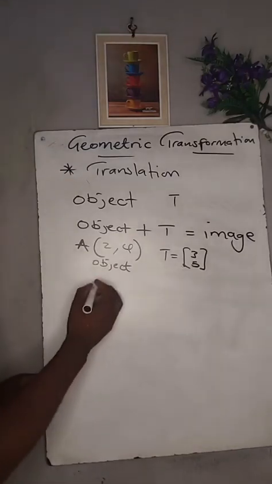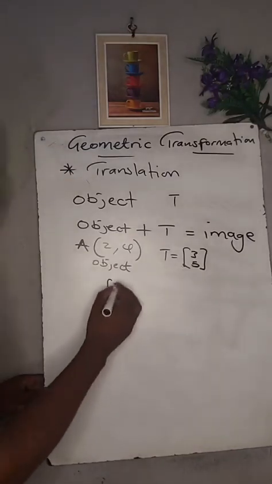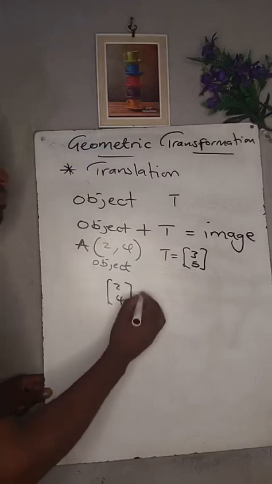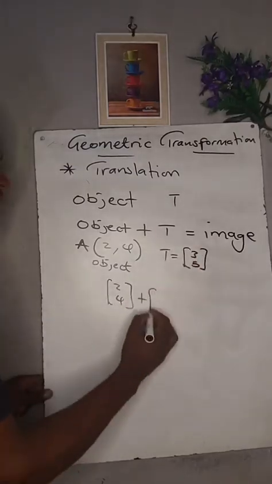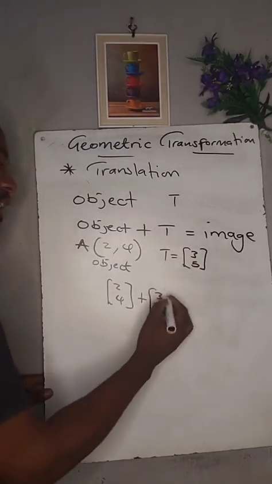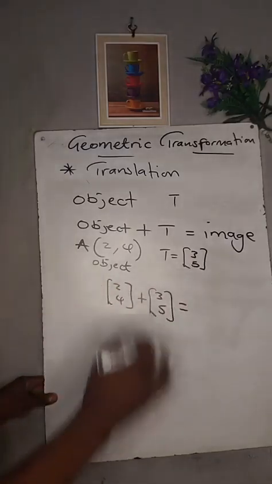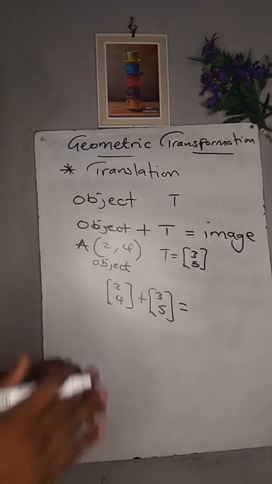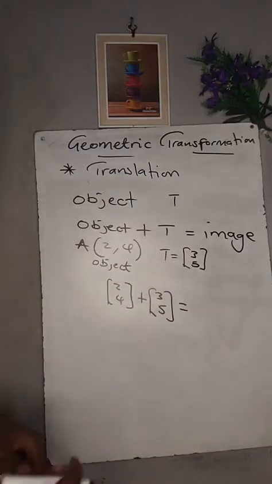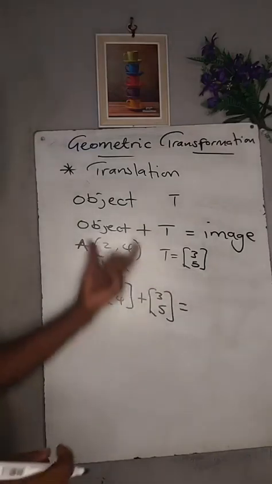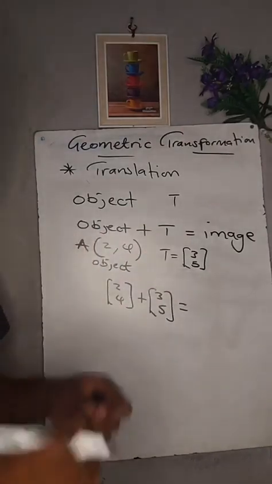So say object, which is 2 and 4, plus the translation, which is 3 and 5. With these two, I should be able to find the new position of that object, called the image.